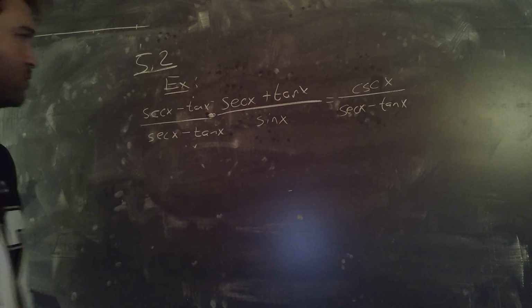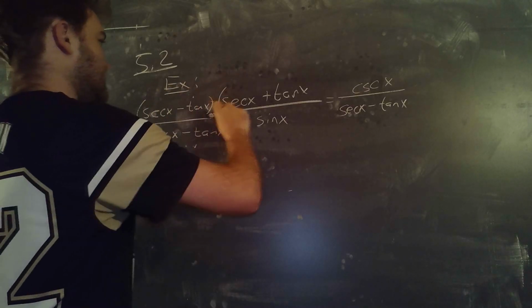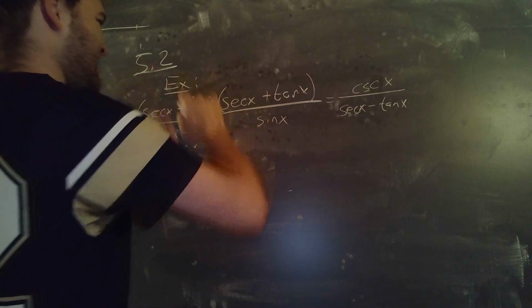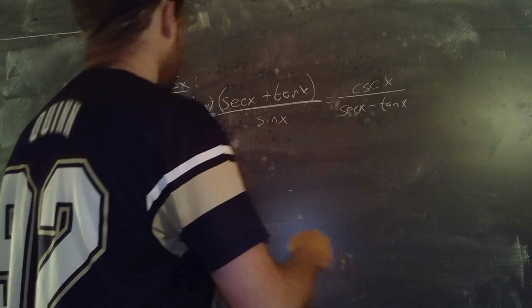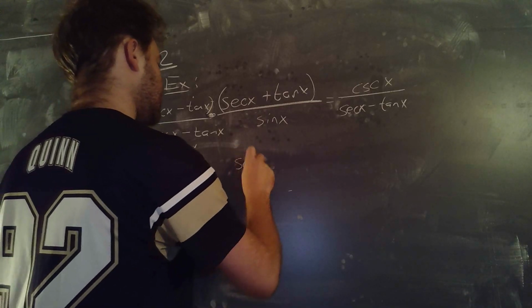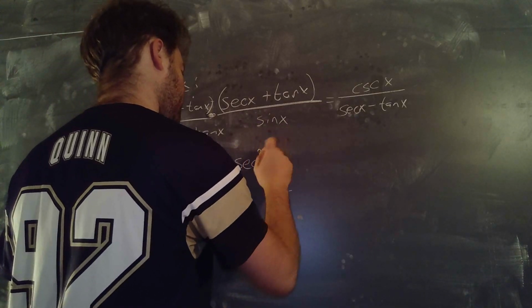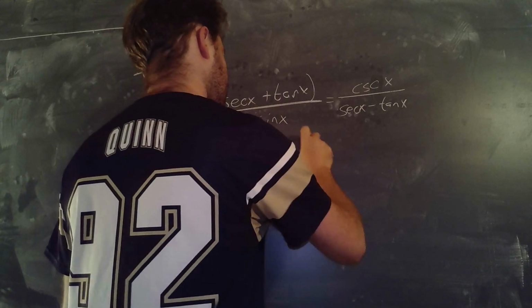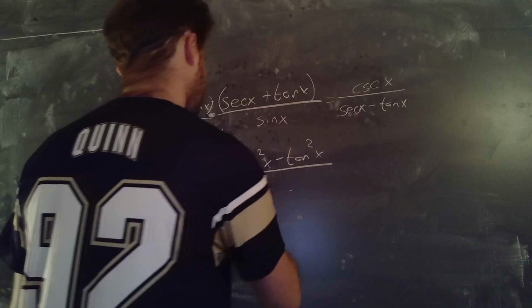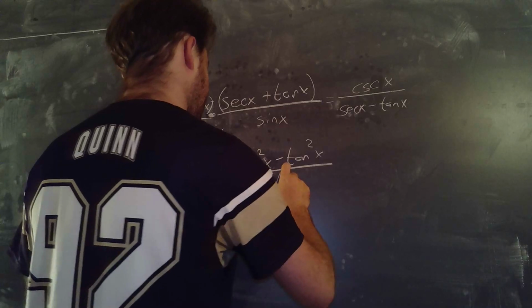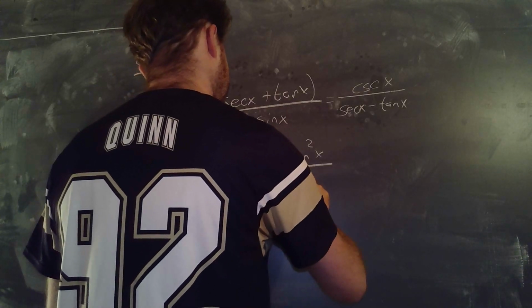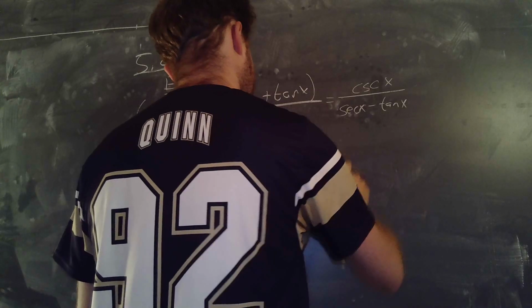Now, the reason that this is important is because now if I drop parentheses around the top and bottom, you'll notice that this is a difference of two squares, which will simplify to secant squared minus tangent squared over sine of x times secant x minus tangent of x.